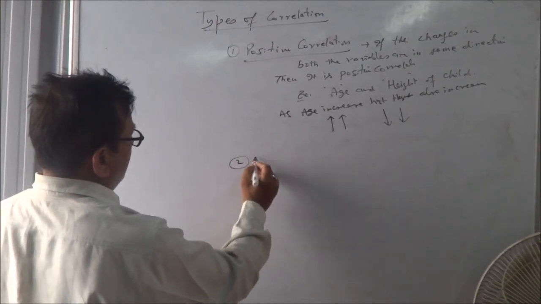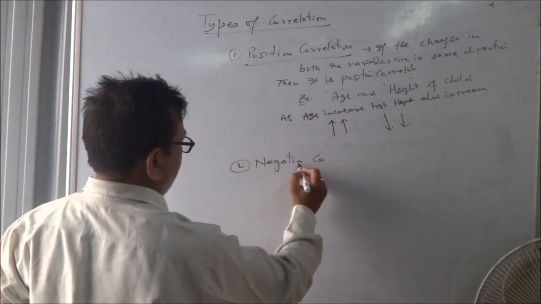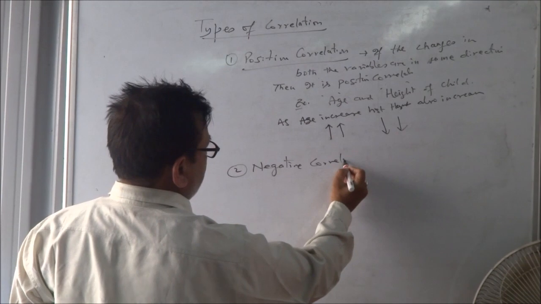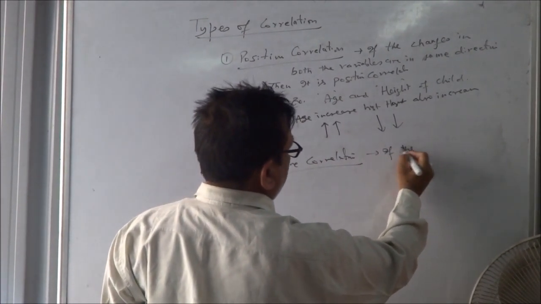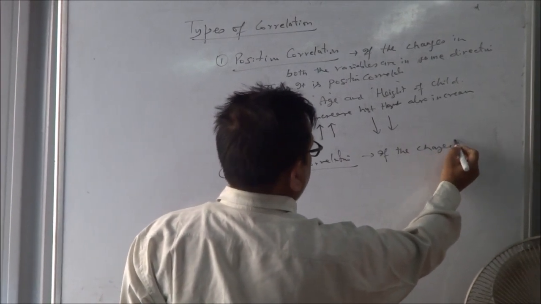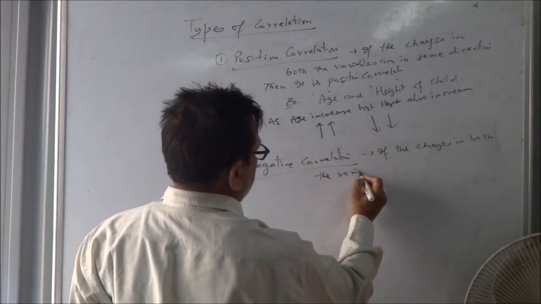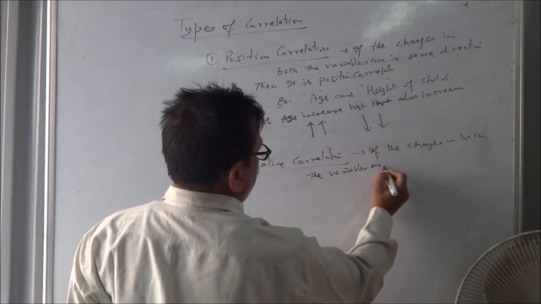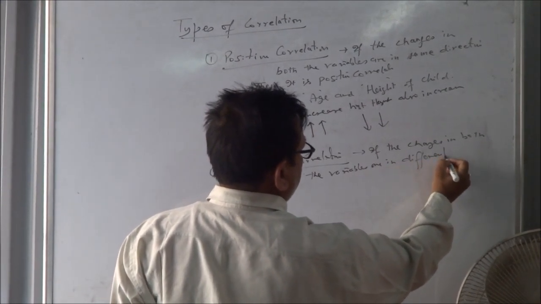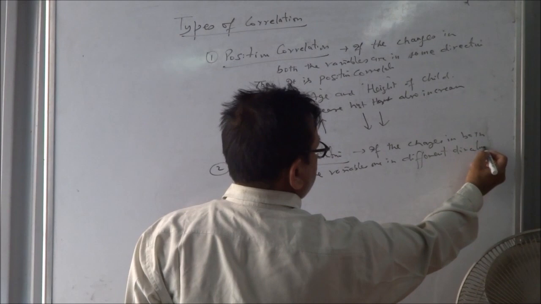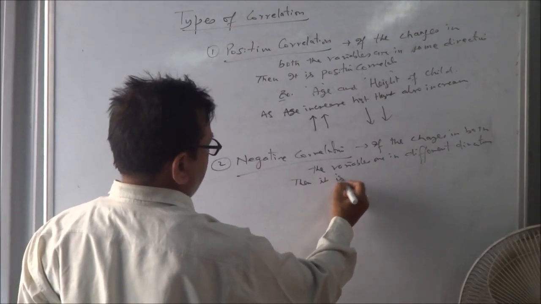Now we come to the second one, that is negative correlation. If the changes in both the variables are in different directions, then it is negative correlation.